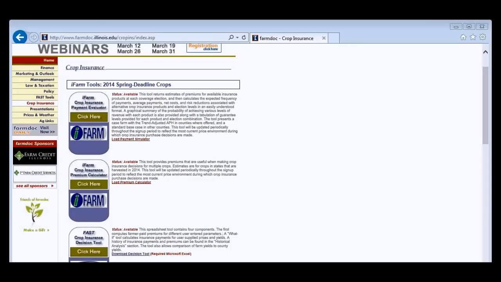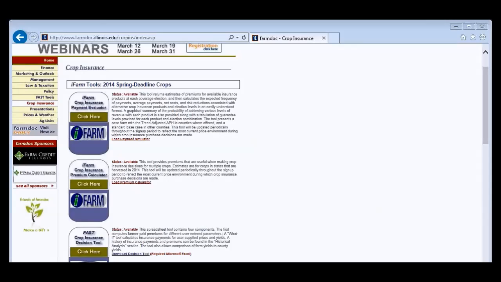Before 2013, our premiums were very closely predicted by the farmdoc crop insurance calculator. Do things like farm yield variations and other things kick in that are not known in the calculator?